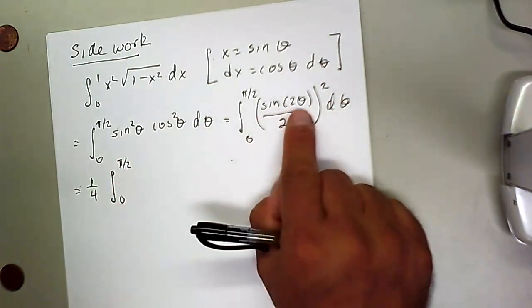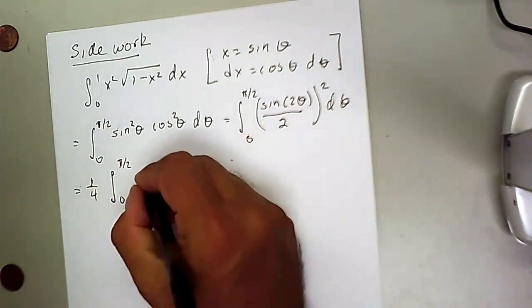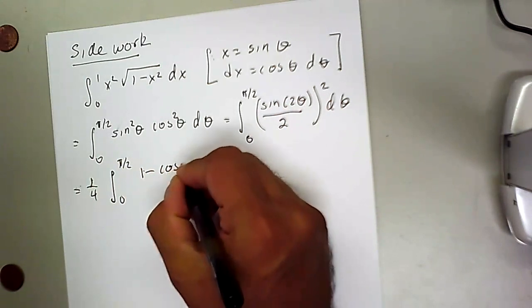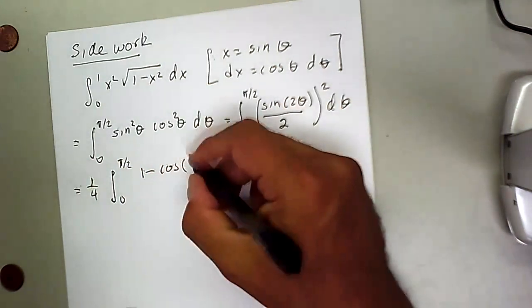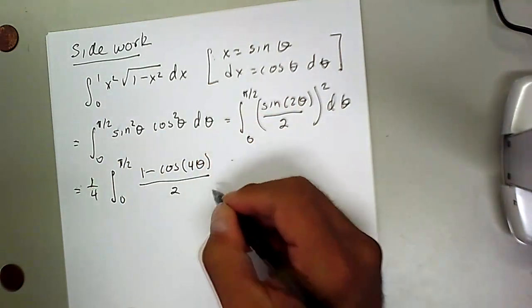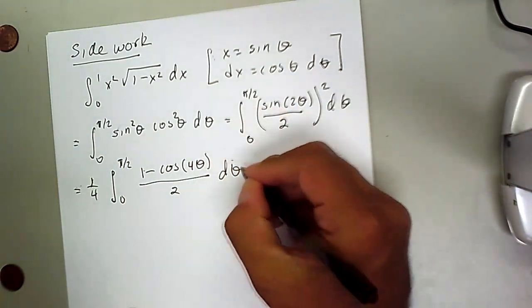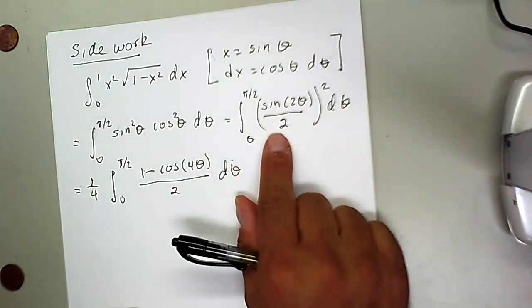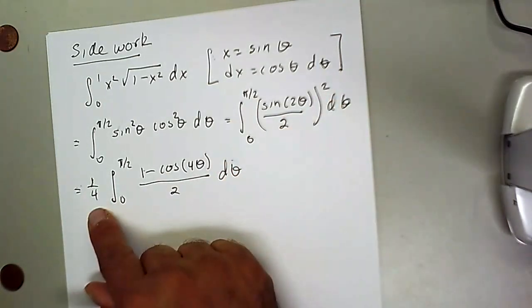But sine squared, because we're going to square the sine, is really 1 minus cosine double the angle. Now, this angle is 2 theta to start with. So when we double that, we're going to end up with 4 theta over 2. This 2 is new because that came from the sine squared. We already did the 2 in the denominator, squared it, that became a 4, and we factor that out.